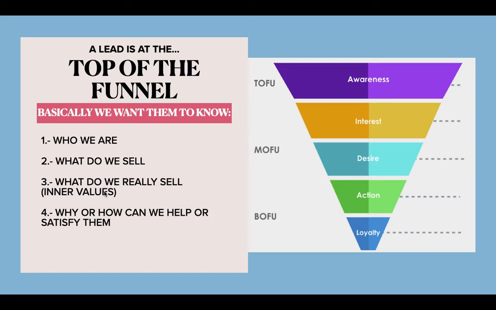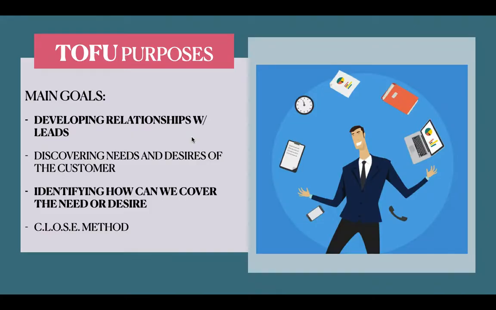That's the purpose of the Tofu. This is what we're gonna be working on in these two stages, awareness and interest. Who we are, what we really sell, and why or how we can help or satisfy them. Okay, so let's move on.